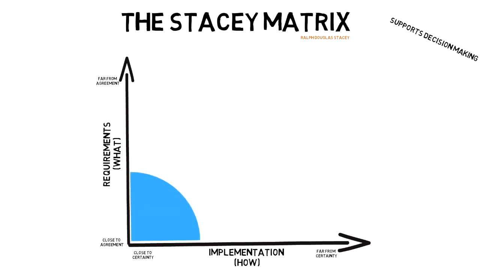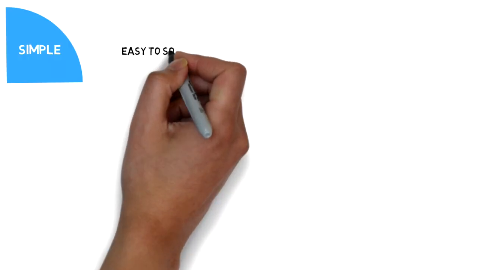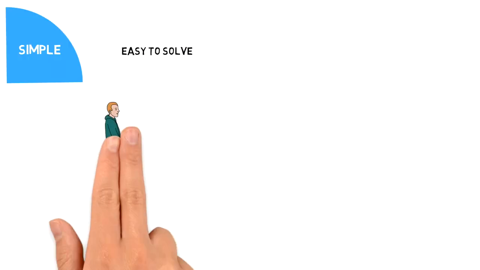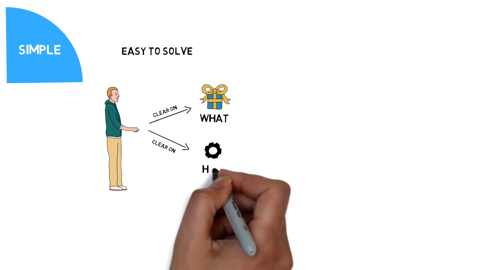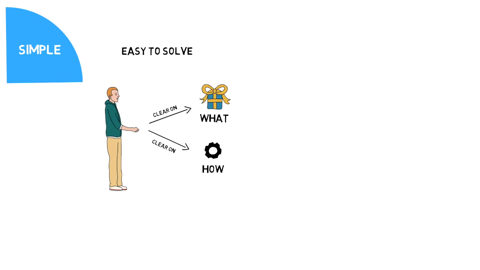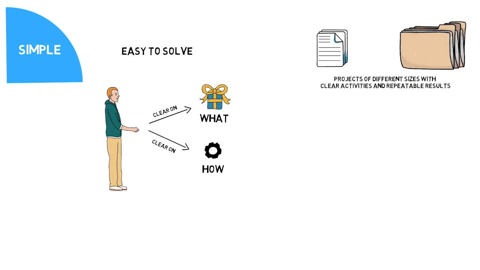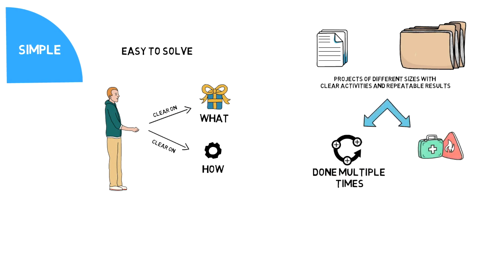On one side of the Stacey Matrix, we have simple problems. Simple problems are well defined and easy to solve. We know exactly what we have to do and how we can do it. Any size projects with clear activities and repeatable results fit in this category. It has been done multiple times before and best practices exist.